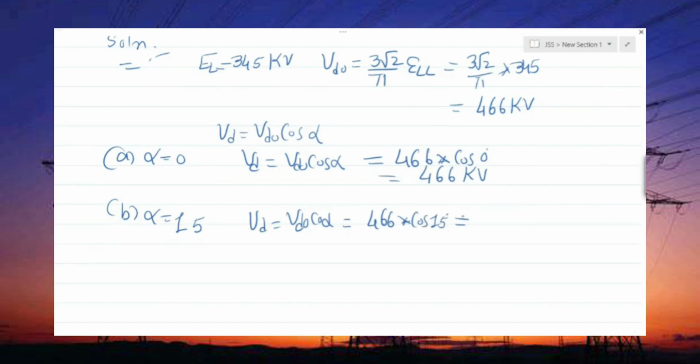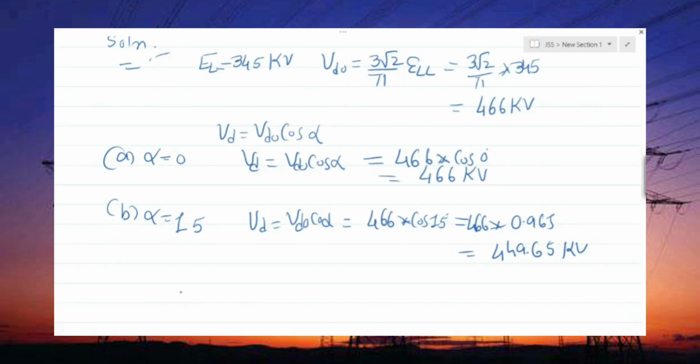What is the value of cos 15? It is 0.965. So 466 multiplied by 0.965 gives 449.69 kV.